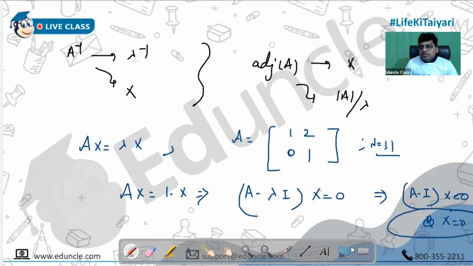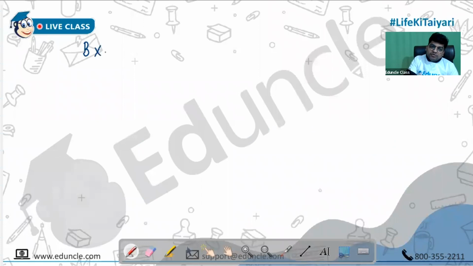What is Bx equal to 0? This is a homogeneous system of linear equations, and its solutions are called the eigenvectors. In a homogeneous system Bx equal to 0, the solution can be unique or infinite.